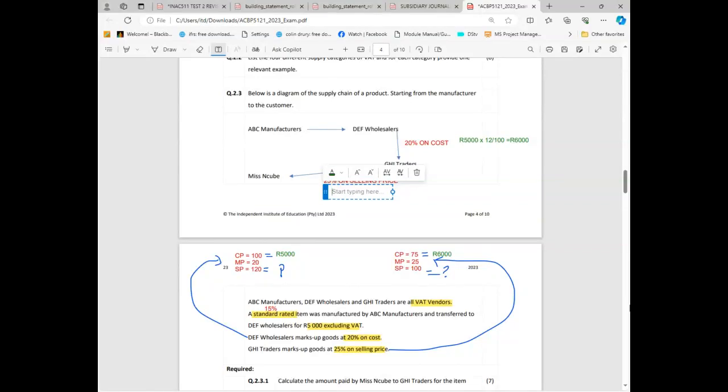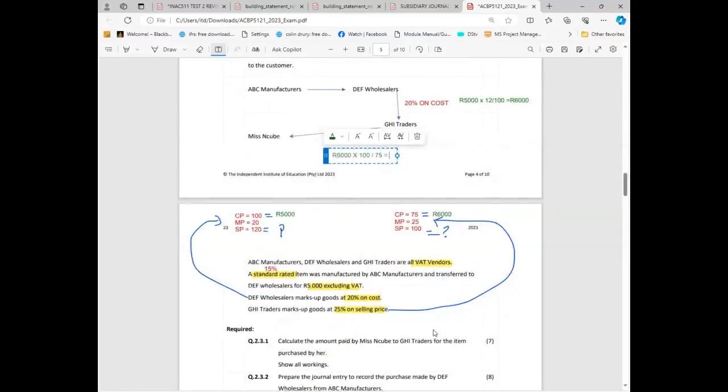How is the fraction? 6,000 times 100 over 75. That will be 8,000. So this is 8,000.